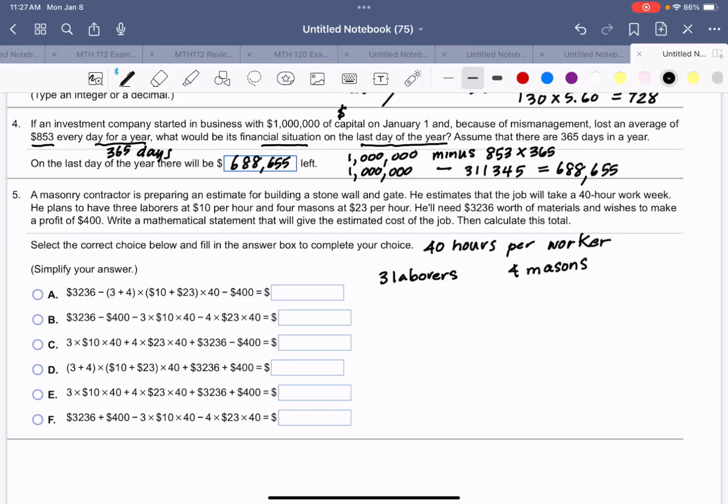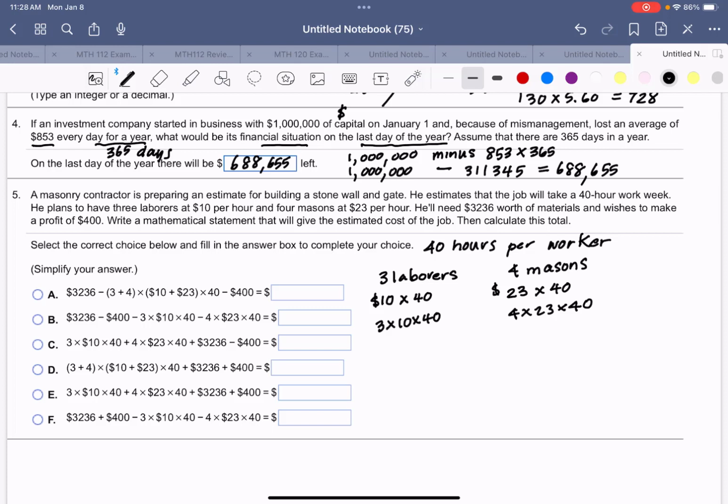The 3 laborers make $10 for every hour they work, and the 4 masons make $23 for the 40 hours they're going to work. So we're going to have to do 3 times 10 times 40 to get the total for the laborers, and 4 times 23 times 40 to get the total for the masons.